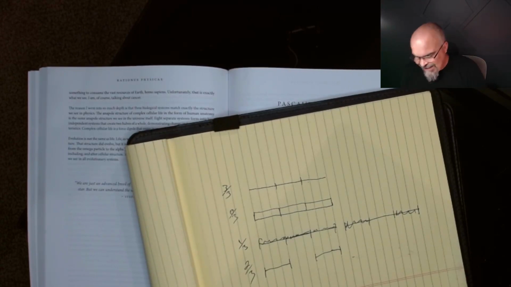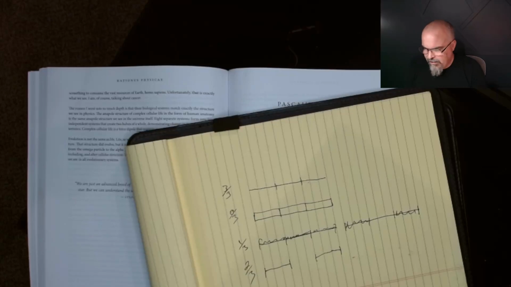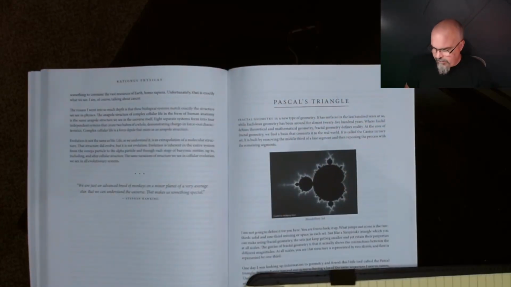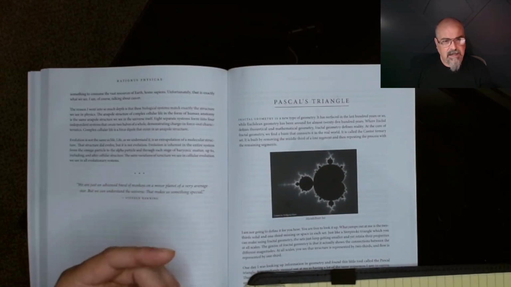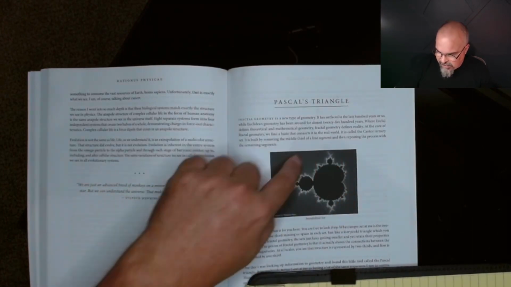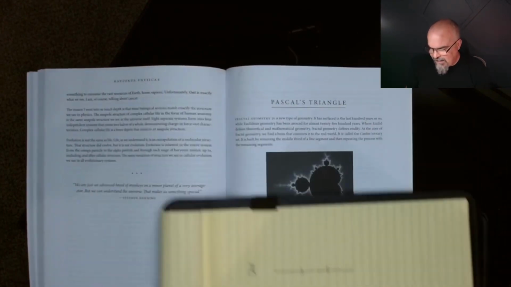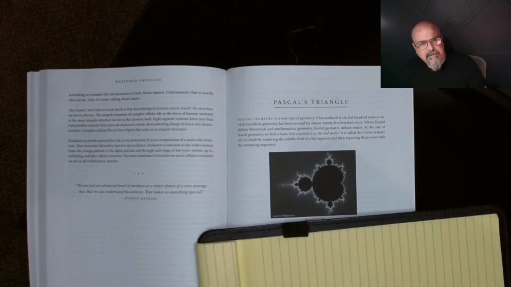And here's the thing. For those of you who don't know, there is something called a Mandelbrot set. This is the Mandelbrot set in its visual form. And Mandelbrot looked at this and he said, basically, that geometry in the way that we look at it does not define nature, because it is all straight lines and angles.